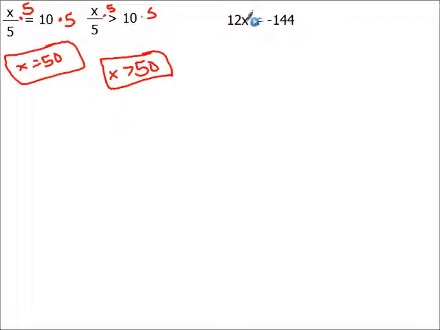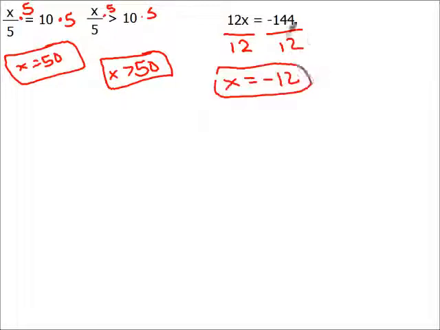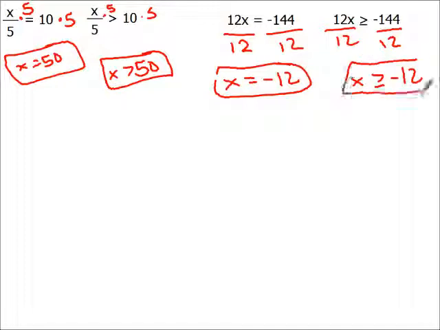And when they're next to each other, it means multiply, so the opposite of multiply is divide. In this equation, the only thing that will make this true is negative 12. But if I have an inequality, I'm going to divide both sides by 12, and this tells me x is greater than or equal to negative 12. So any number that's bigger than or equal to negative 12 will make that true.